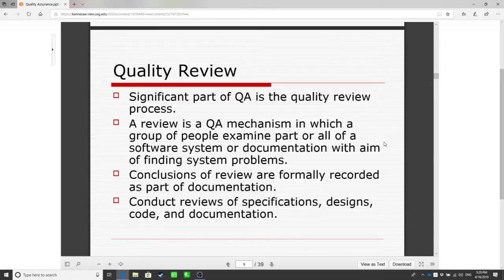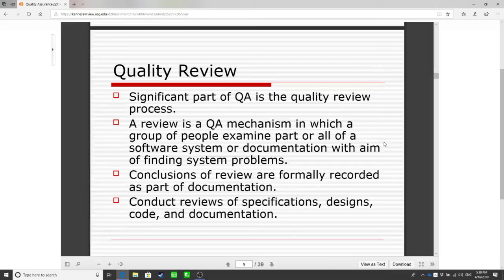Yeah. And this quality review is a significant part of the QA. A review is a QA mechanism in which a group of people examine part or all of a software system or documentation with the purpose of finding problems in the system.